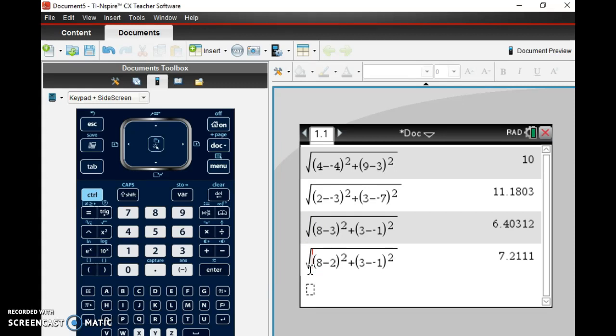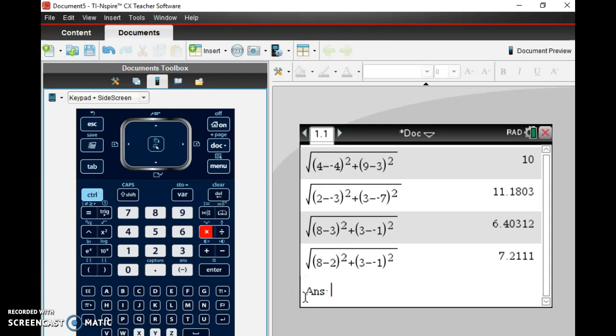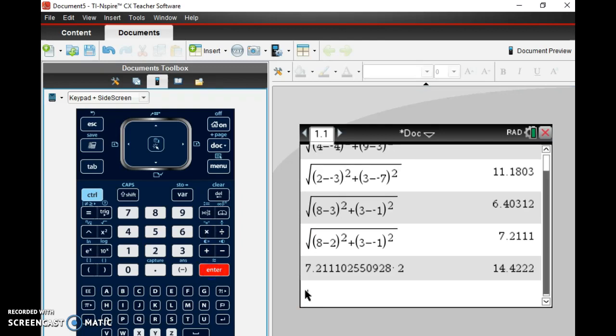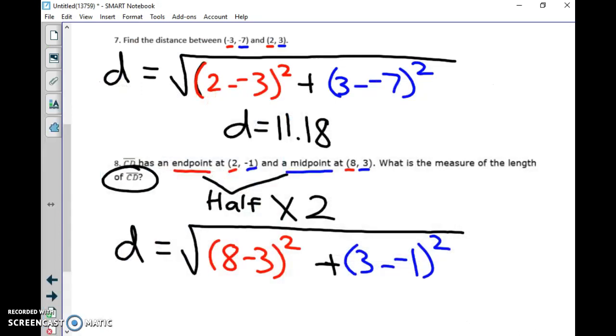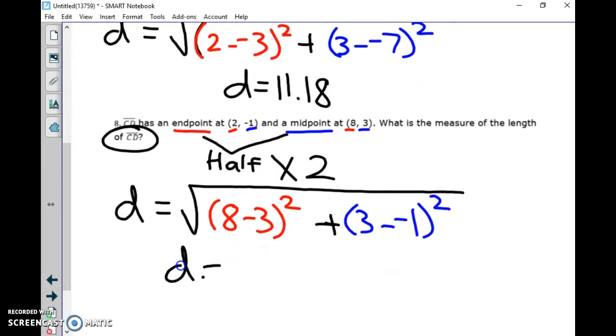So right now, I could hit times 2, and it would take that prior number and double it. So my final answer would be 14.42, okay? So we got 7.21, but we have to multiply it by 2 to get 14.42.